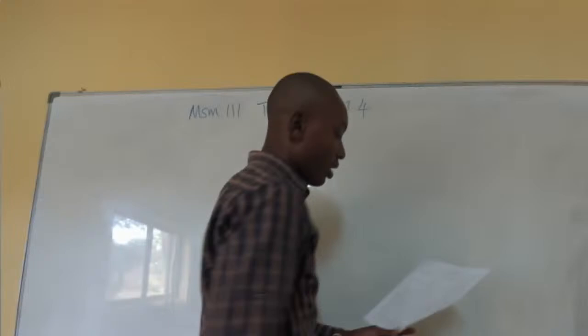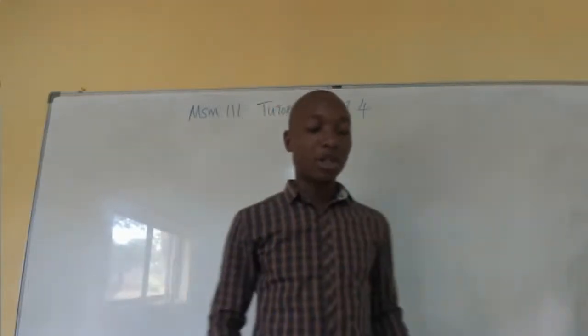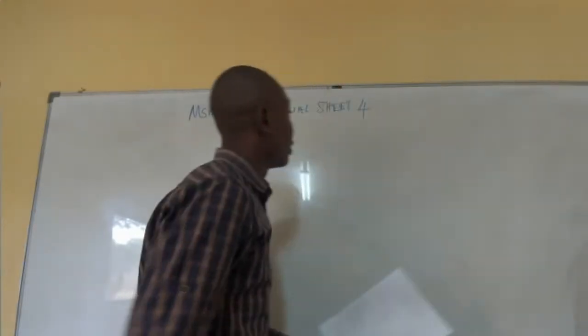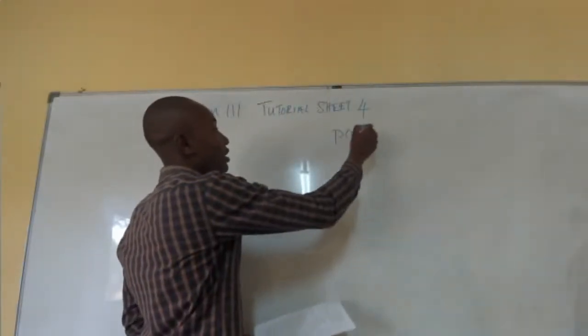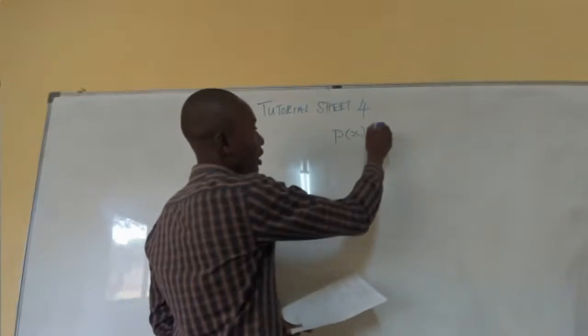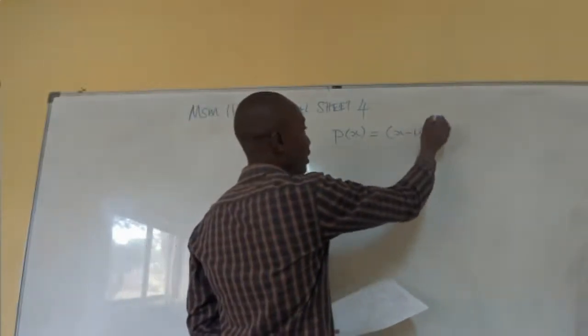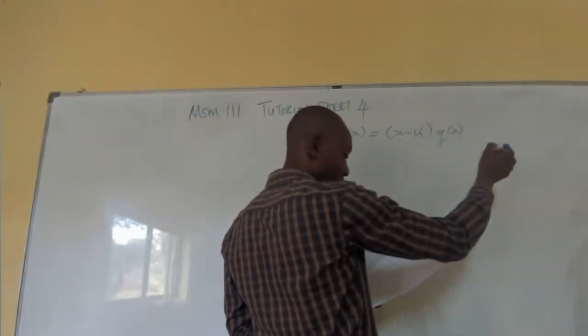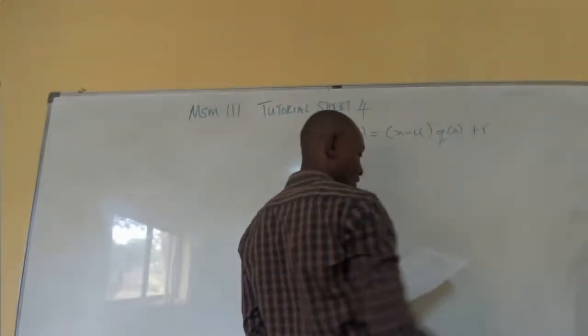So we will need to write the function in the form p(x) is equal to (x minus k) q(x) plus r.